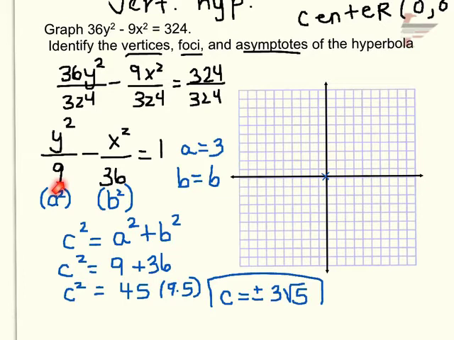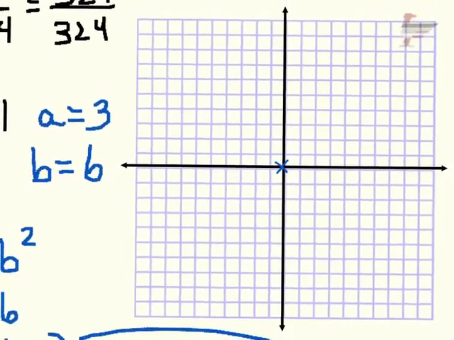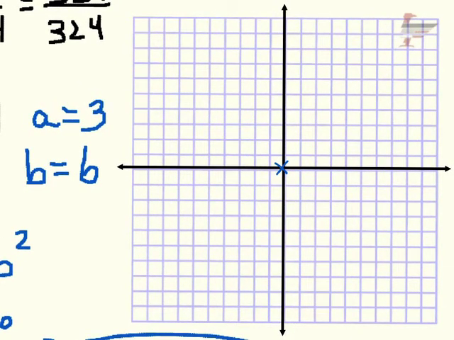My vertices go in the y direction, a units, which is 3. So I'm going to plot that first. From my center, I'm going to go up 3 units and down 3 units. I know my hyperbola branches are going to do this and this, but I don't know how wide or how narrow those are.